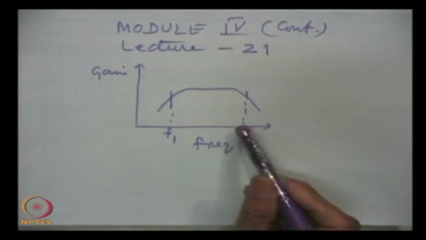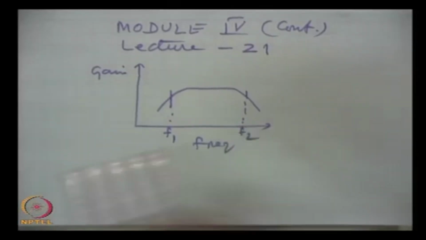This falls at very high frequencies, and we can express this fall in terms of the value f t, the frequency at which the gain falls to unity, which is provided by the manufacturer. Out of these three, whichever has the lowest upper cutoff is the frequency f 2 that we get in the plot.